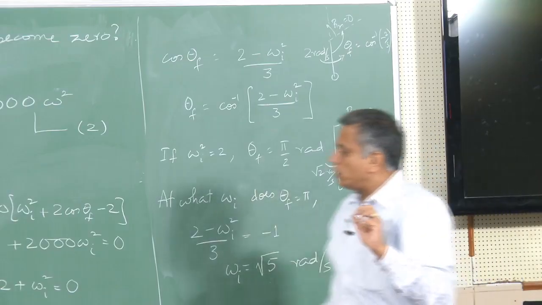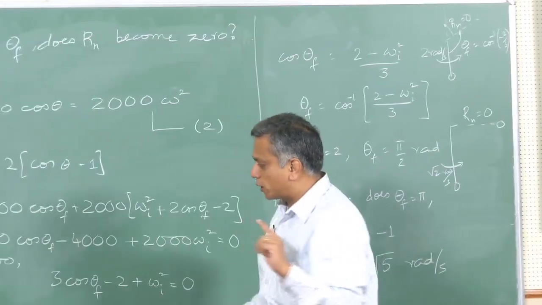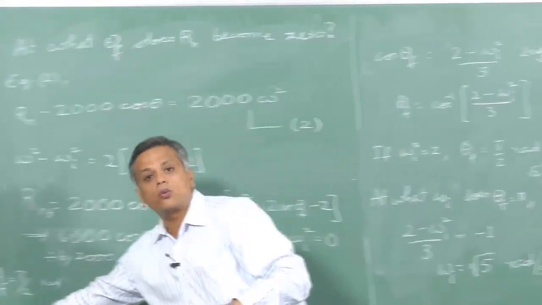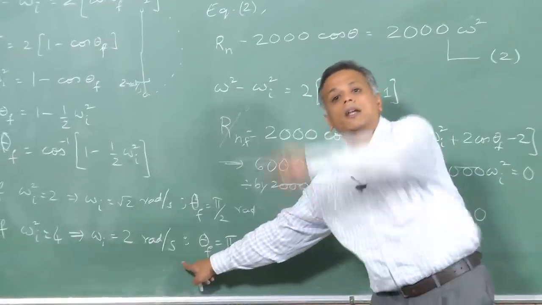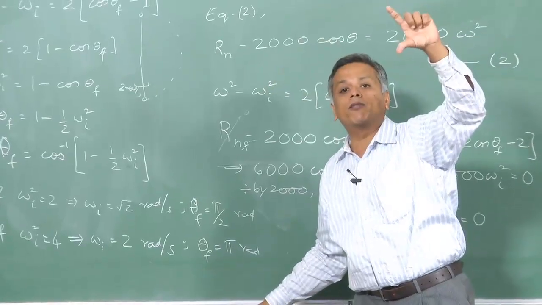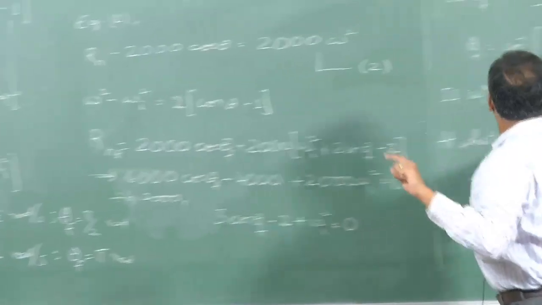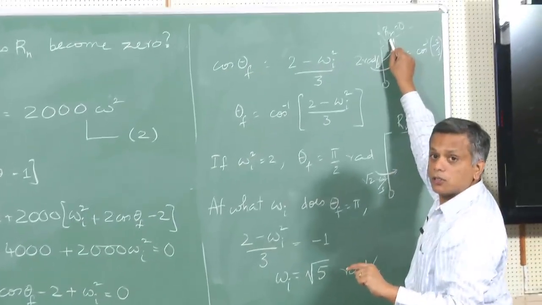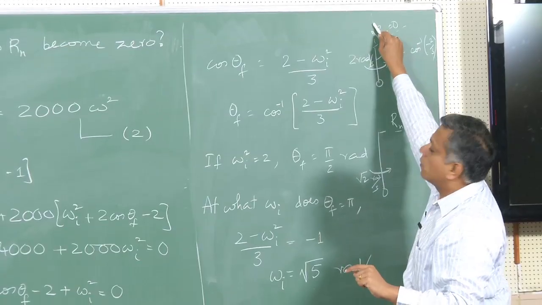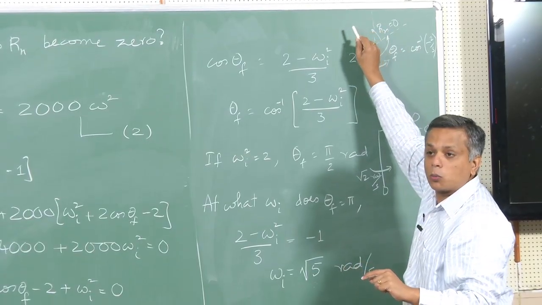Now, let us make sure we completely understand this one last time. If I give it 2 radians per second, I will get to the top, but the bar would have to sustain a compressive force from this angular position to the angular position theta f equal to pi.